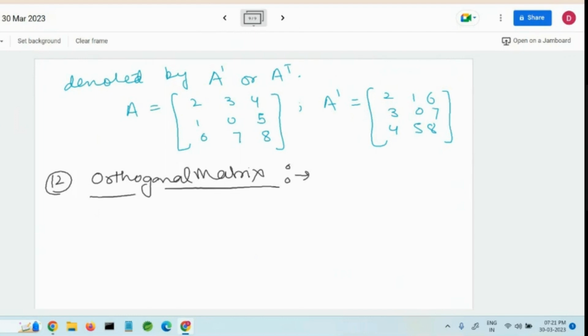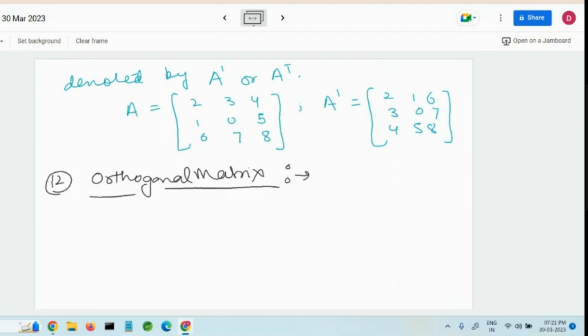If A into A transpose is equal to I, where I is the identity matrix, which we have not discussed yet. I will tell you what the identity matrix is.